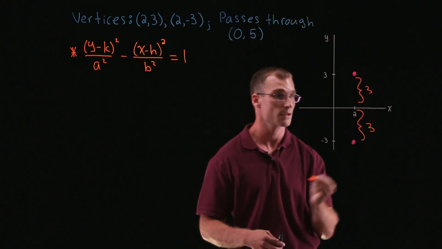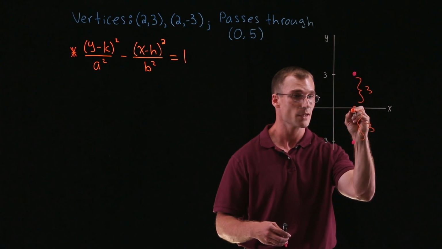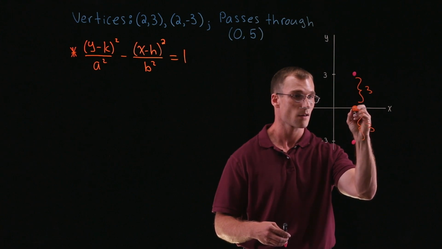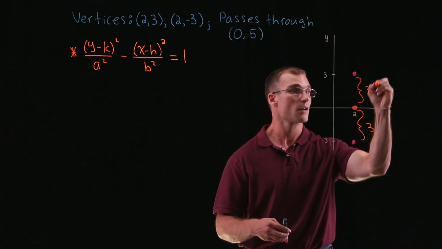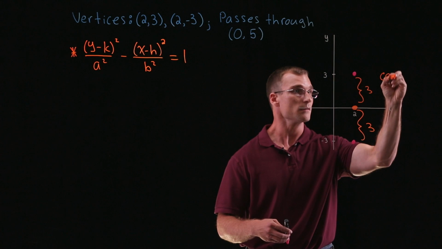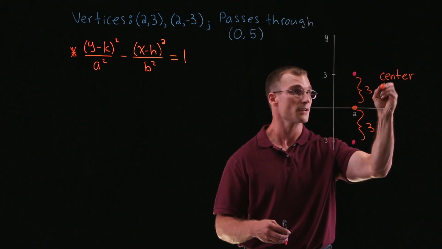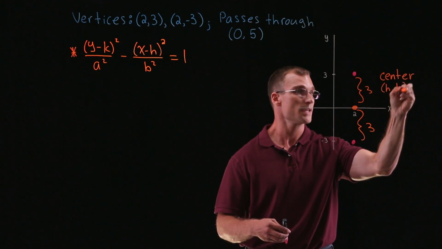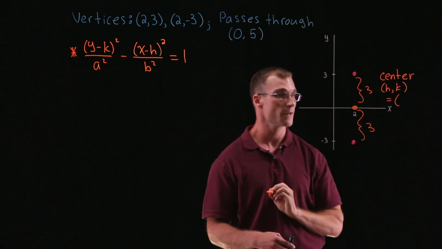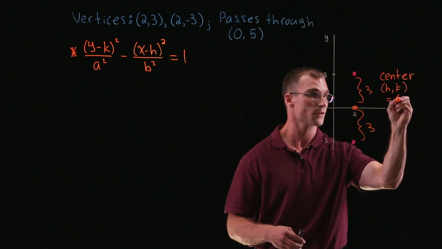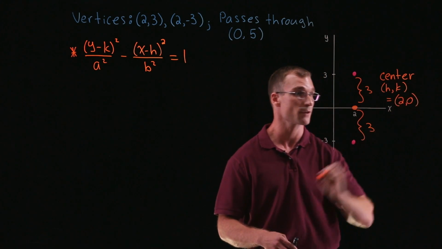So that tells us that our center point is going to be right here. So our center, (h, k), is going to be at the point x equals 2, y equals 0.